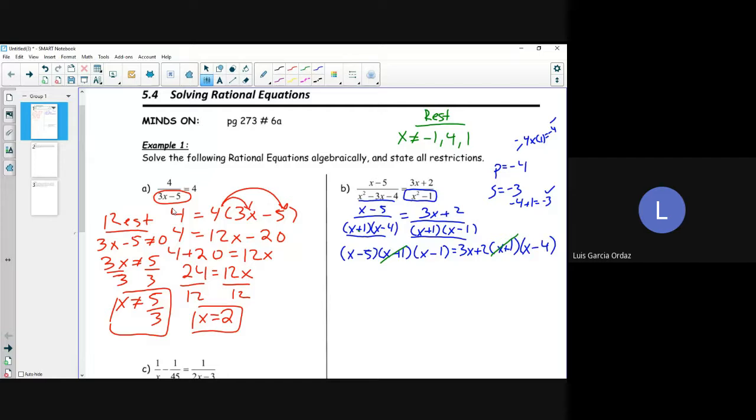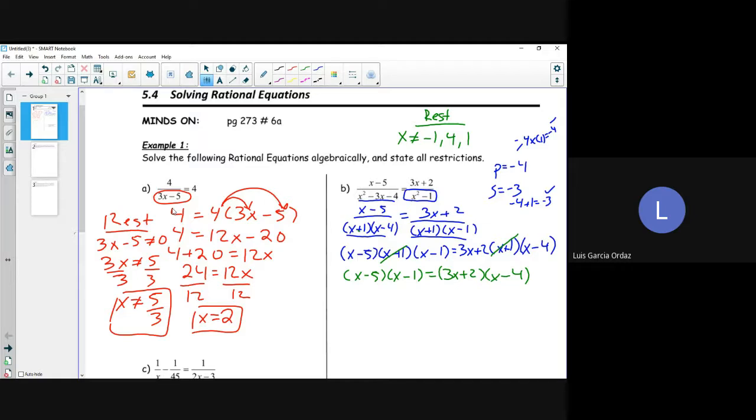So what we're left with is just x minus 5 times x minus 1 is equal to 3x plus 2 times x minus 4. And now all that's left to do is to FOIL.